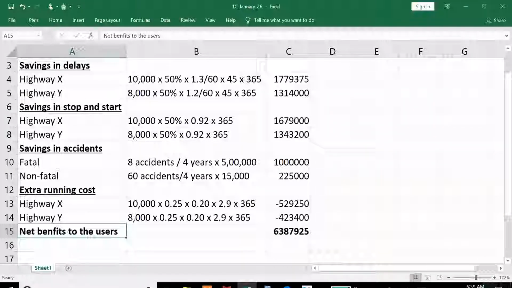Net benefits to the users. Any doubts on this?